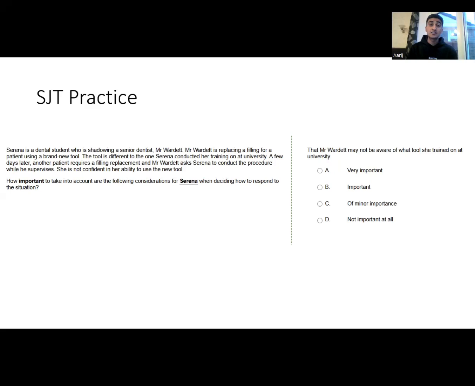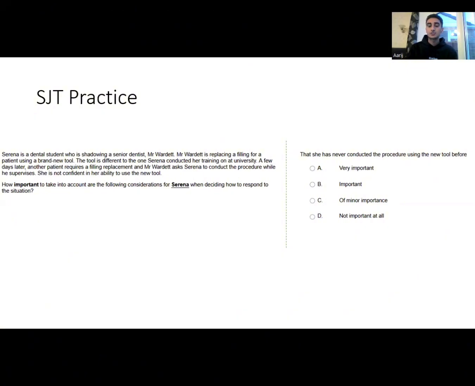So she needs to go to the clinical supervisor and say, look, I'm actually not competent on this machine, so I don't think I can carry out this procedure. And then obviously they can speak with the clinical supervisors, and they should be able to come up with a joint action plan to develop a competency with the tool, whether that be to get trained upon it or to maybe delegate it to someone else, or maybe even watching a few more procedures on the tool before conducting the actual treatment. So that's why I've gone for important for this one.